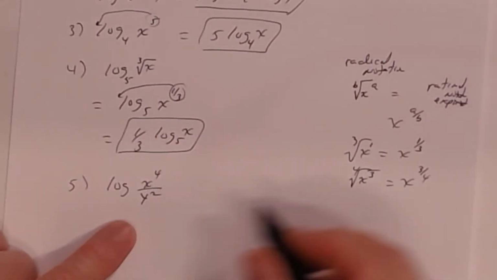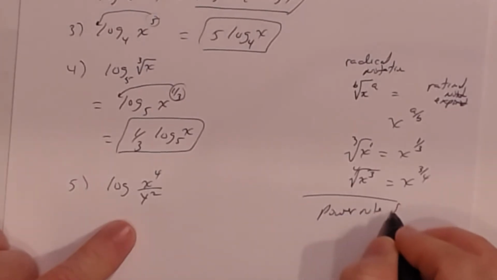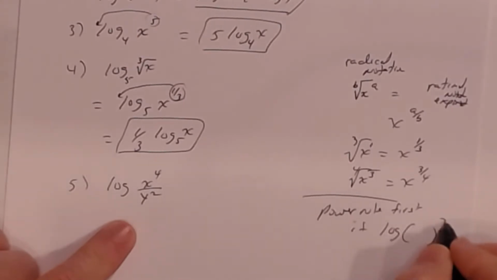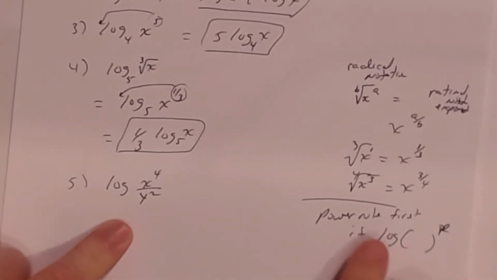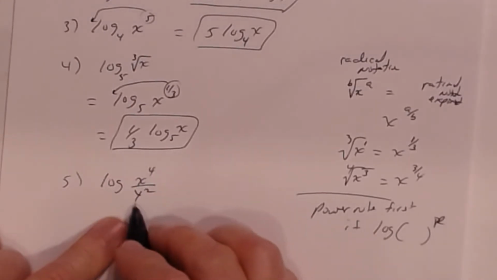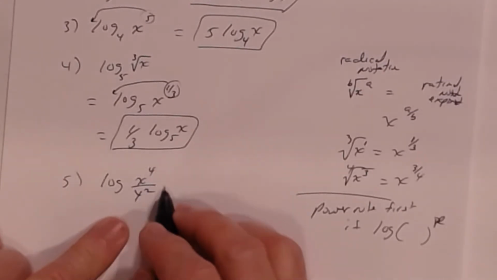The only time you can use the power rule first is if it looks like this, where you have the log of your argument being raised to a power. Notice though, my argument is this whole thing right here, right? That's your argument.